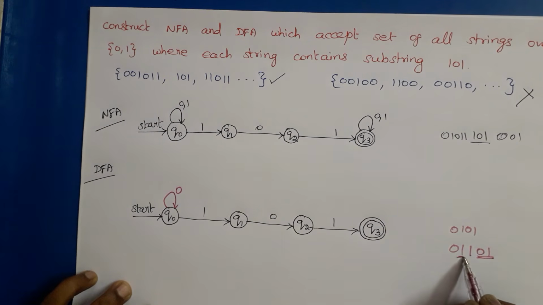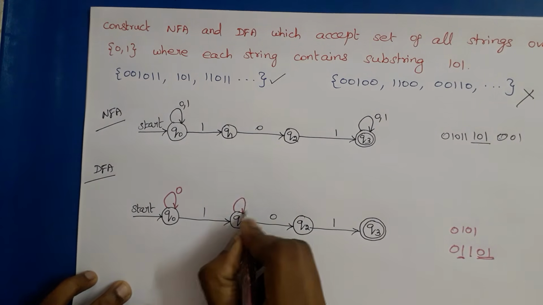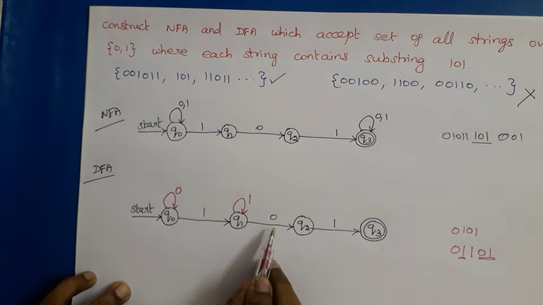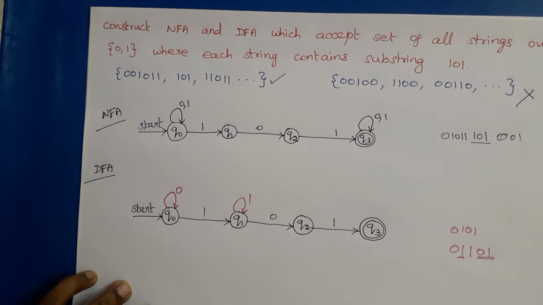So after recognizing 1, if one more 1 comes, it should remain in the same state, because we need to wait for 01 to reach the final state. So we have drawn both the transitions for Q1 also.